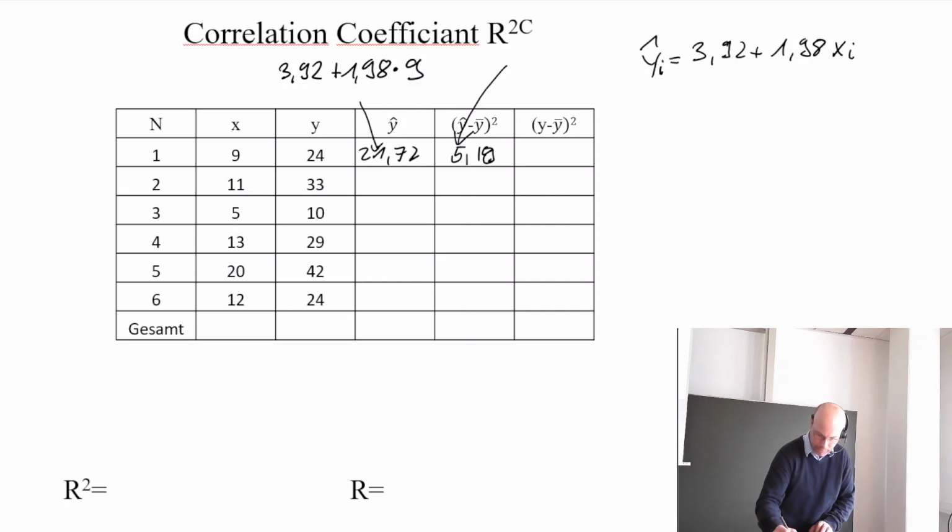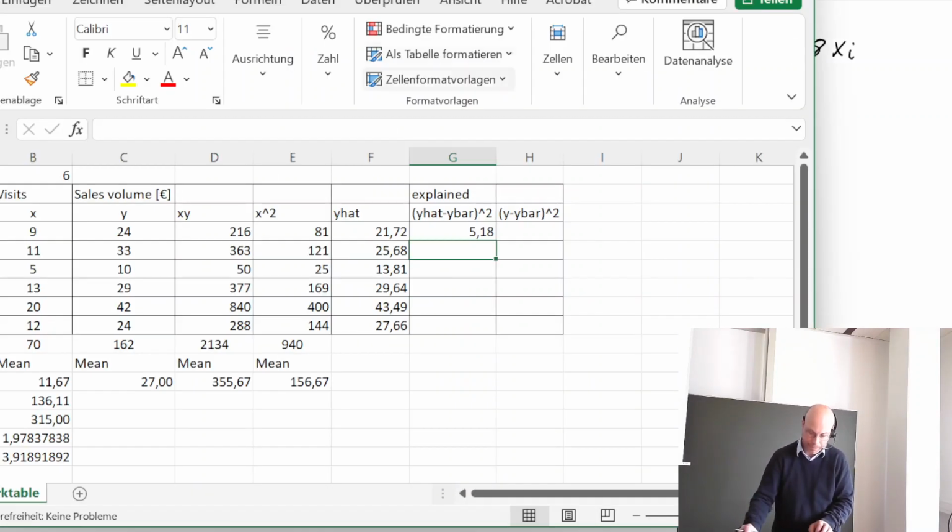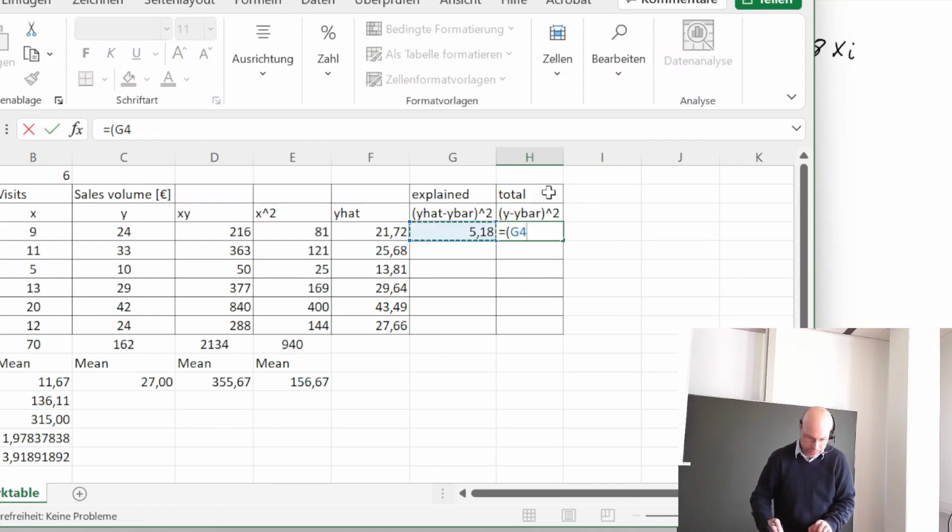So this is y hat 21.72 minus the mean squared, and we need the total distance, and here we take, opening the bracket, 24 minus the mean, and the mean was down here, 27.